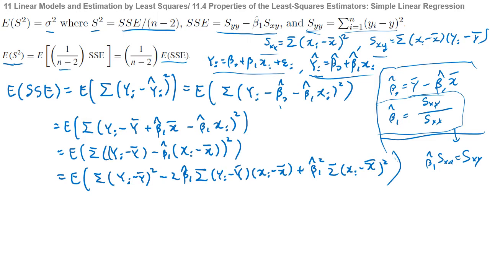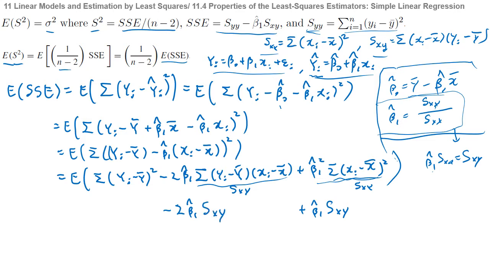In this notation, beta 1 hat SXX is SXY, so this last term can be written as plus beta 1 hat SXY, and the middle part can be written as minus 2 beta 1 hat SXY.